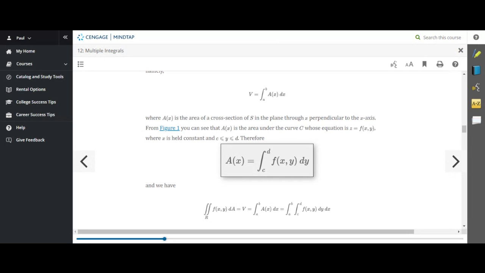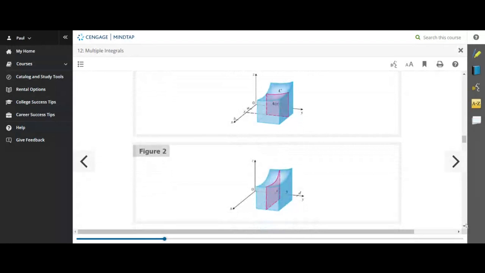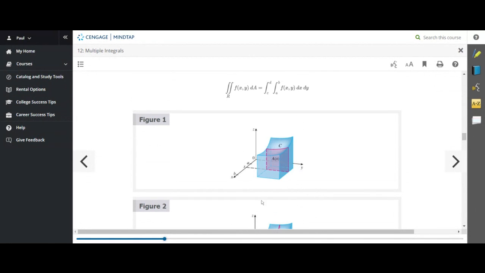Going back to Figure 1, isn't that area A of x equal to the area underneath the curve C, where the limits on the curve go from c to d? Can't that red cross-sectional area be thought of as a single integral with respect to y?